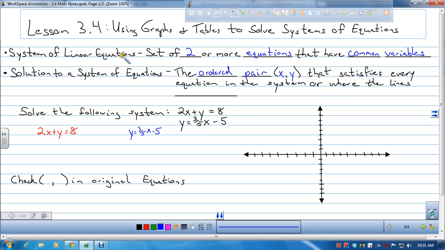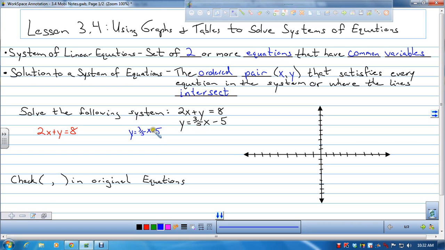Specifically in a linear system, it is where the lines intersect. So in our activity, remember, we were looking for where the other three lines intersected with our one path that we drew originally, from the activity we did in class.